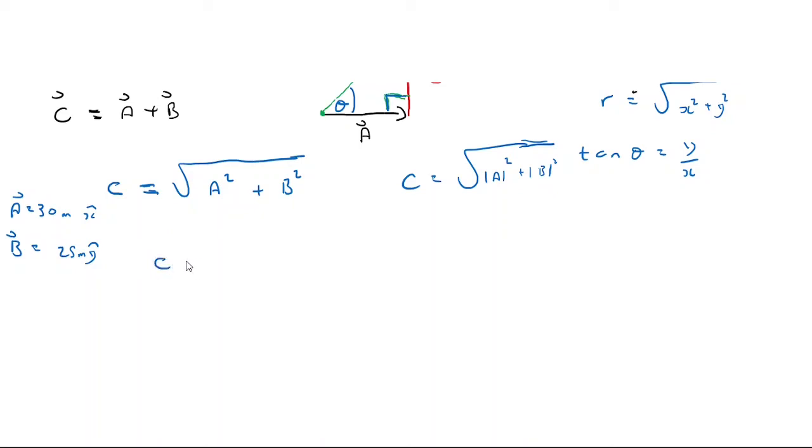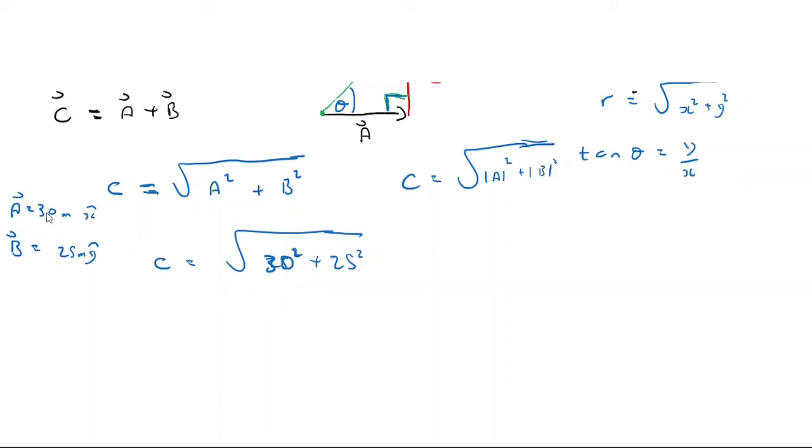So C is equal to the square root of 30 squared plus 25 squared. This is A squared plus B squared, just the magnitude. It doesn't matter if you had a negative here, because when you square anything, even a negative, it becomes positive.